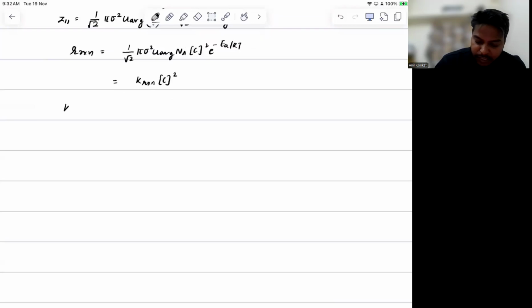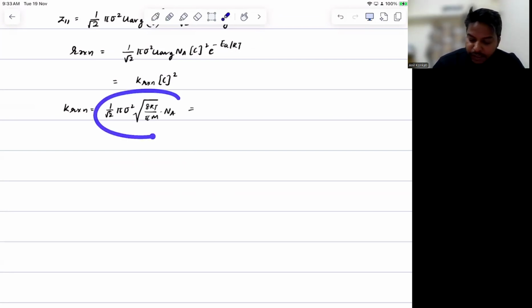K of the reaction can now be written as half, 1 by root 2 into pi sigma square, U average, which I could write as 8RT by pi m, into Na, isn't it? Which means I'm getting a constant here, but also there is a temperature term. Rest all are constants, so I'll write this constant as A dash into root 2.